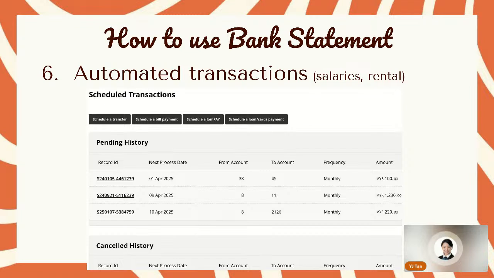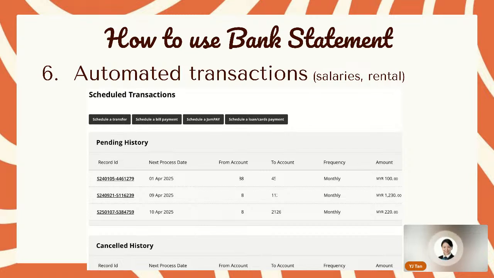However, I just want to let you know that in some cases, when you get the bank system to pay for you, there is a possibility that it will fail. For example, if you didn't subscribe to the overdraft service from the bank, that means your account doesn't have the overdraft facility, and your balance is so low, and you already scheduled the automated transaction, but you don't have a sufficient amount in your bank, it will fail.